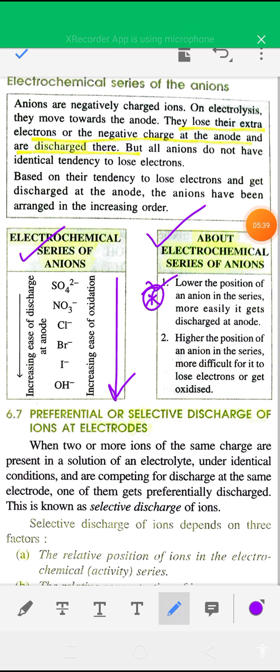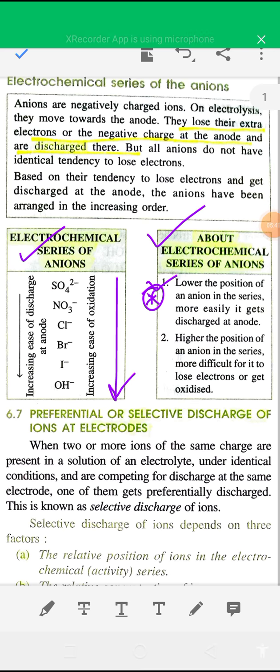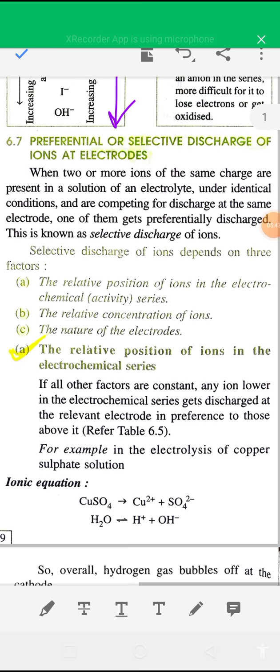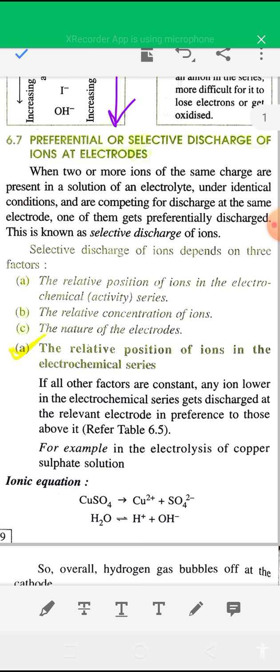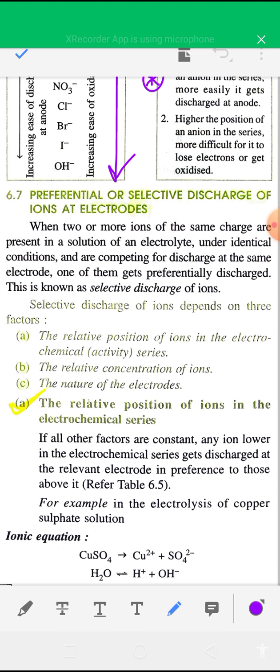Now see, preferential or selective discharge of cations or anions at the electrode. During electrolysis, cations migrate toward the cathode and discharge at the cathode, and anions migrate toward the anode and discharge at the anode.